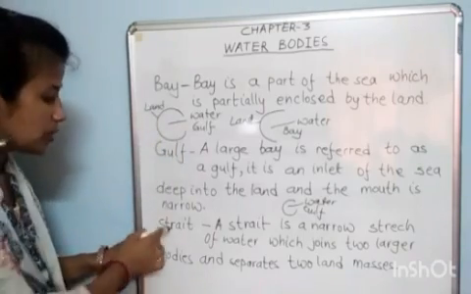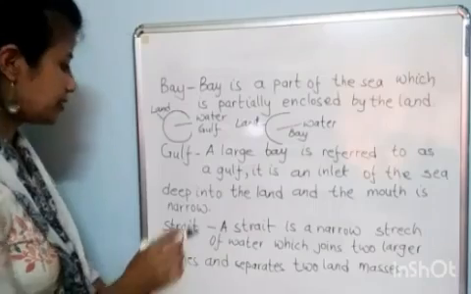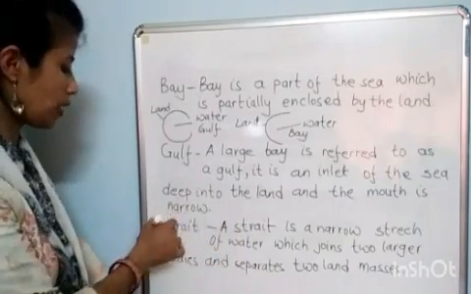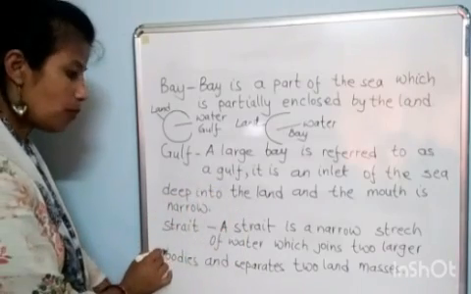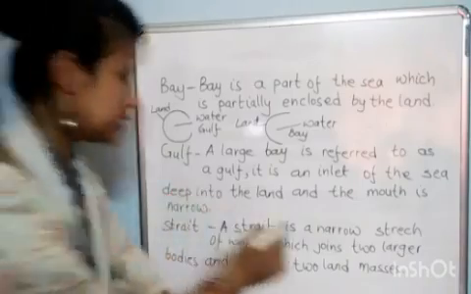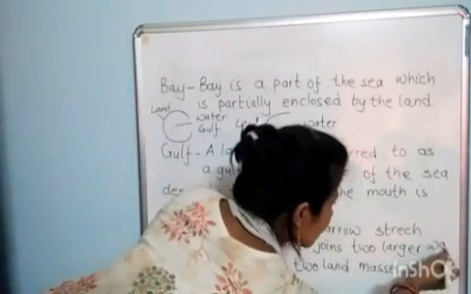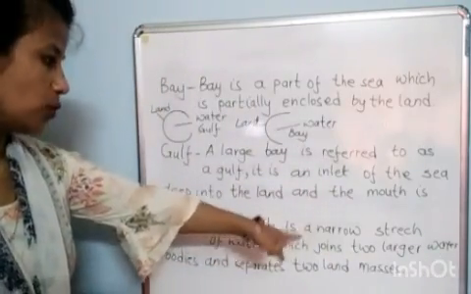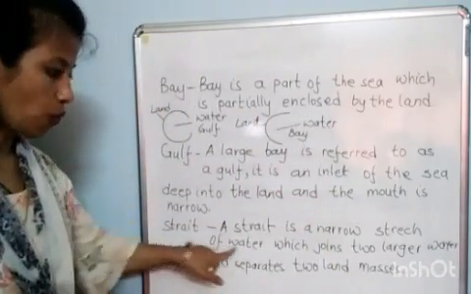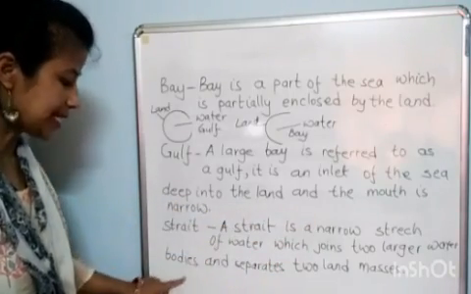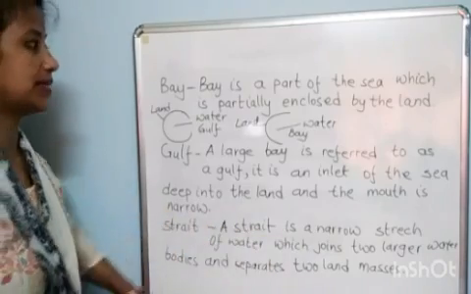Now next one is strait. A strait is a narrow stretch of water which joins two larger water bodies and separates two land masses.